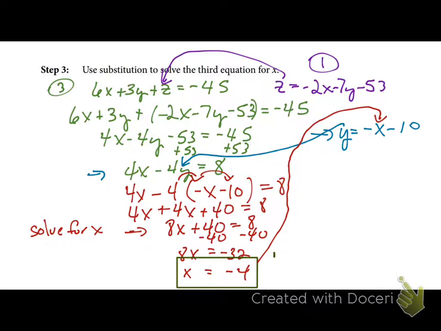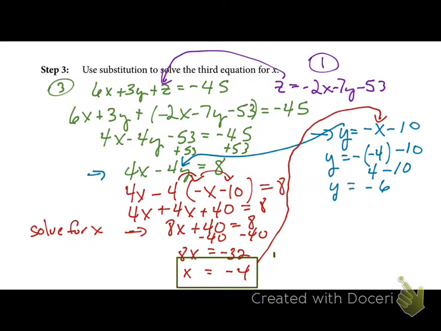So now I have y equal to negative, I replace the x with my negative 4, minus 10. So minus a negative 4 gives me a 4, and then 4 minus 10 gives me a negative 6.